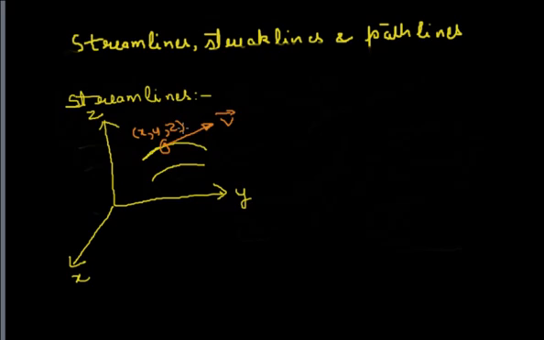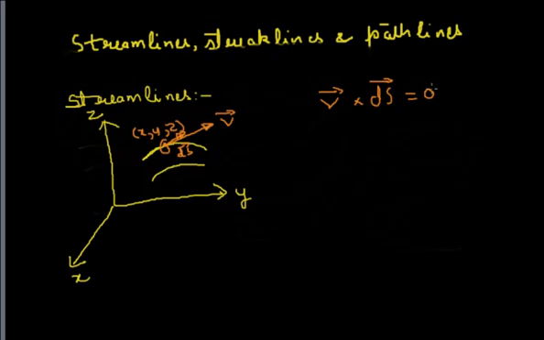Now if we consider a very small time dt, then the displacement vector would also be in the same direction, ds. So if we take the cross product of both, what we would get? The cross product of the velocity vector and the displacement vector would be 0, because both are vectors and the cross product of two vectors in the same direction would be 0.